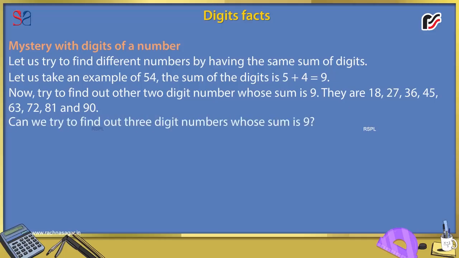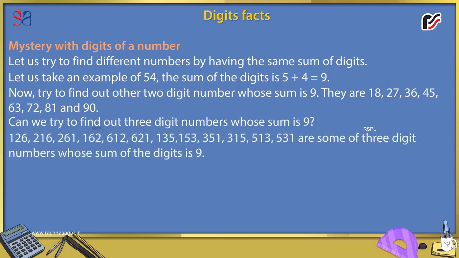Can we try to find 3-digit numbers whose sum is 9? 126, 216, 261, 162, 612, 621, 135, 153, 351, 315, 513, 531 are some of the 3-digit numbers whose sum of the digits is 9.